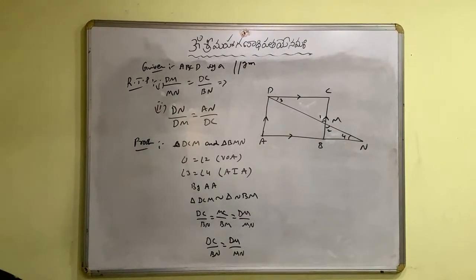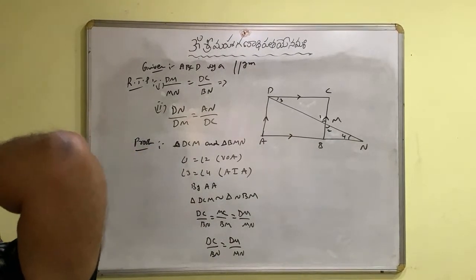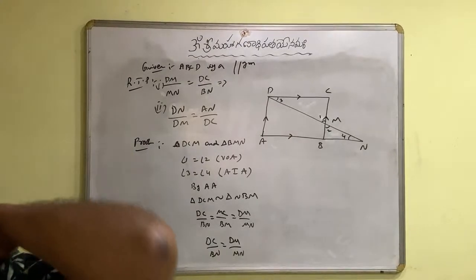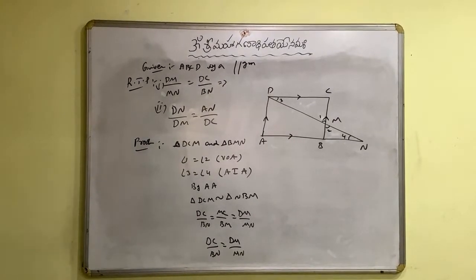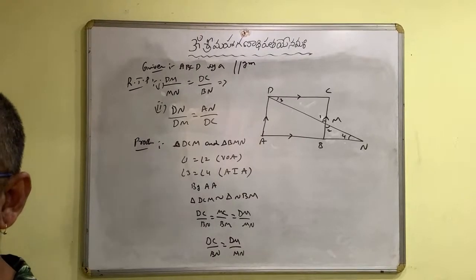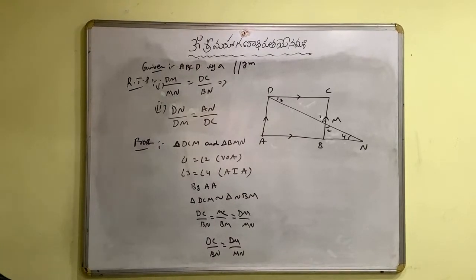What is my question and what is your answer, Kaushik and Vivek Verma? To prove the second answer, which two triangles we need to consider? What are the two triangles?